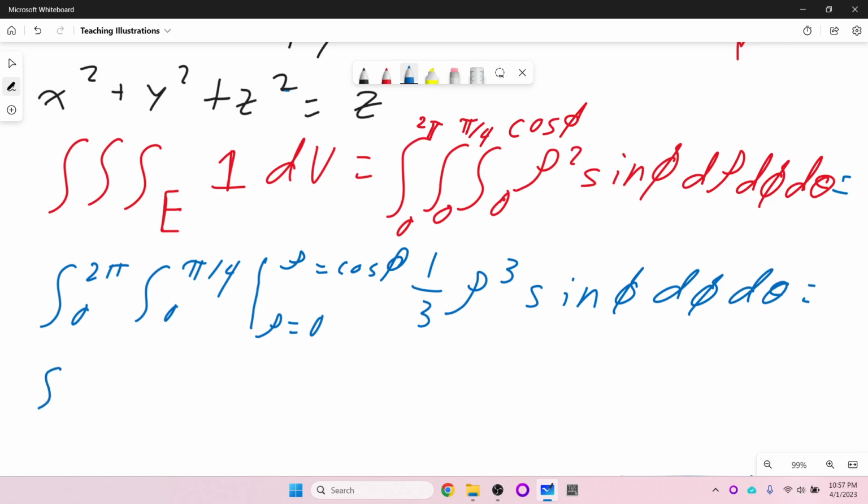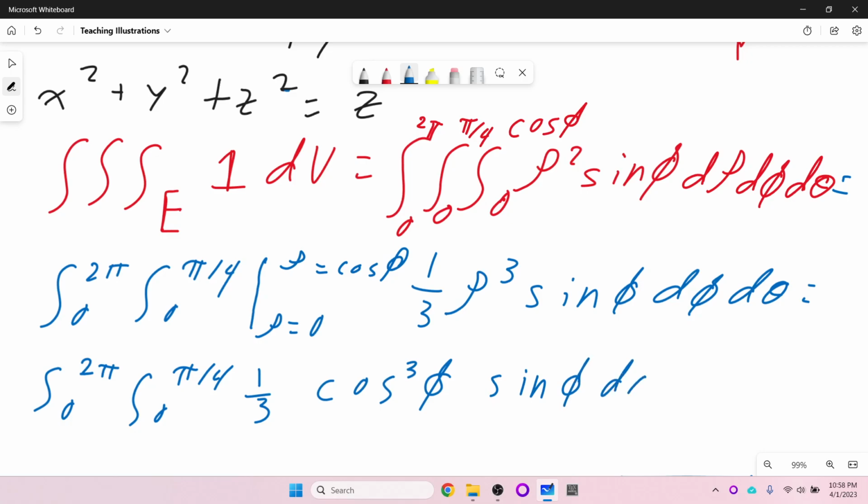Well, then that gives us 0 to 2 pi, 0 to pi fourths. Now let's plug in cosine phi and 0. The 0 term will go away. So it'll be 1/3 cosine cubed phi sine phi d phi d theta.